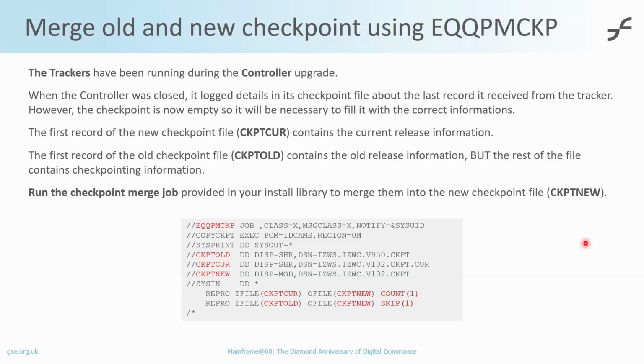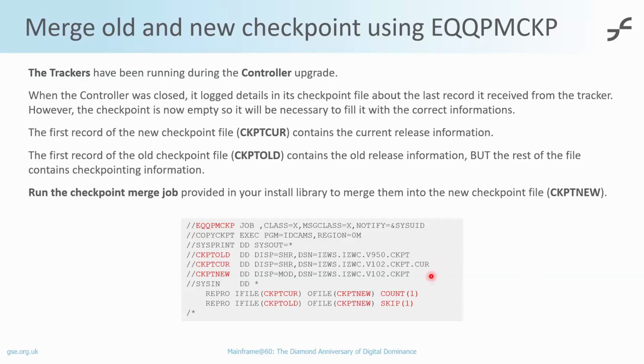And this can be done through this utility. It's a pretty small job that will take 3 files as input. The old checkpoint, let's say the 9.5 version, the current 10.2, the one that you started with, and the new file, the one that you will finally use on the next run, okay?